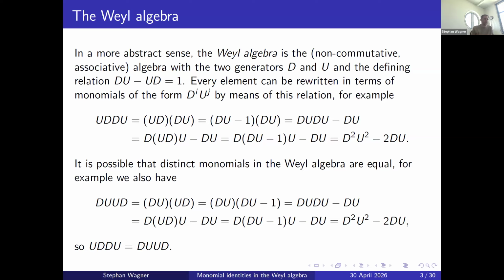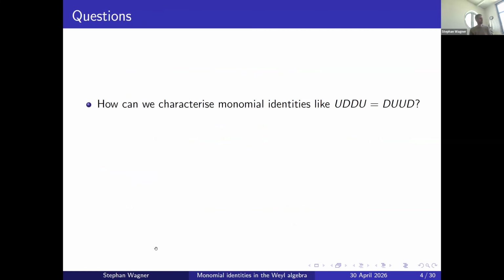And then, because we want to do enumerative combinatorics, we want to count things. So we might want to count how many different words, in the sense of this, are there of a given length. How many words are equivalent to a given word? Things like that. Right, so these are the questions that I will be interested in for the rest of my talk.